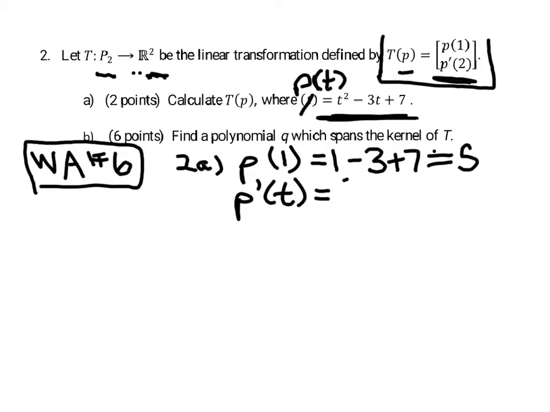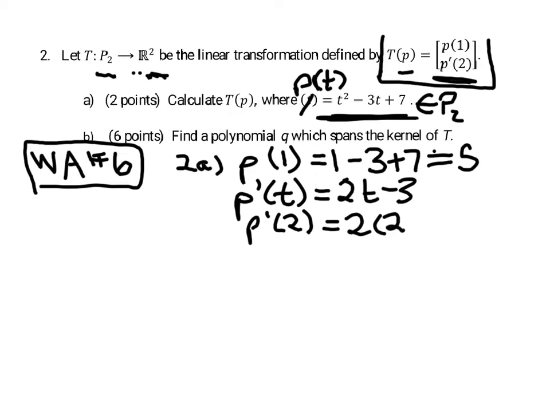We're looking at one specific polynomial that belongs to P2 in problem A here. So the derivative of that polynomial is 2t minus 3, so now we can substitute 2. So we have 2 times 2 minus 3, 4 minus 3, so 1.